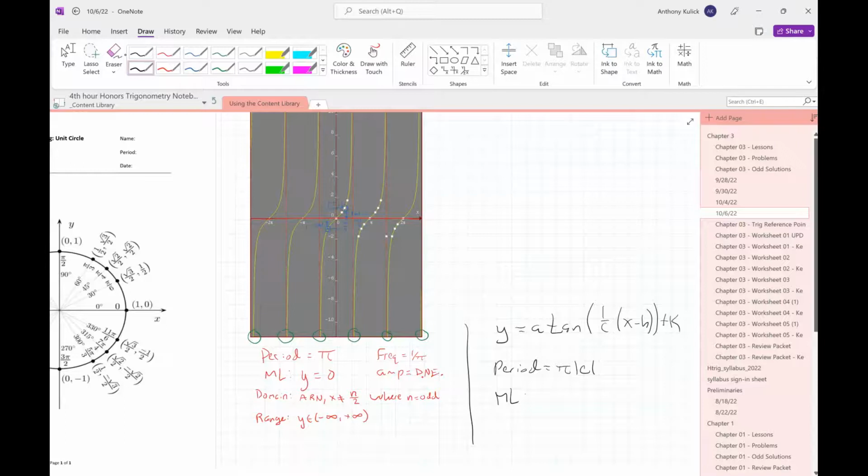What's the midline going to be? Why isn't it 2 pi? Because the fundamental period for tangent is just 1 pi, because it's different than sine and cosine. Okay. What's the midline for the transformation? It'll be the same as before. We're just going to be shifting it up or down, which will change the midline.